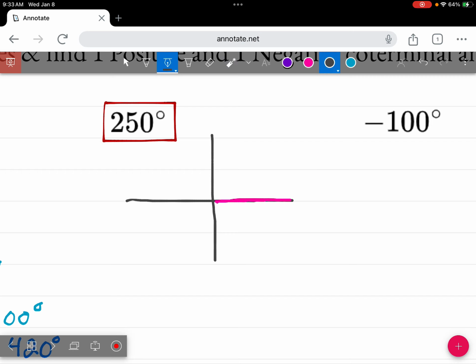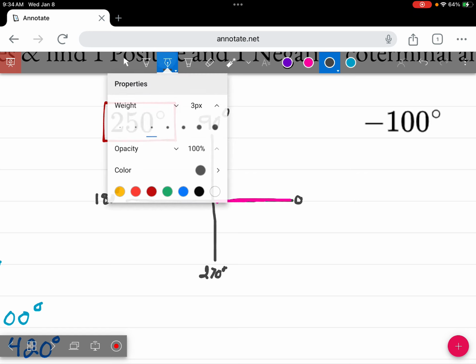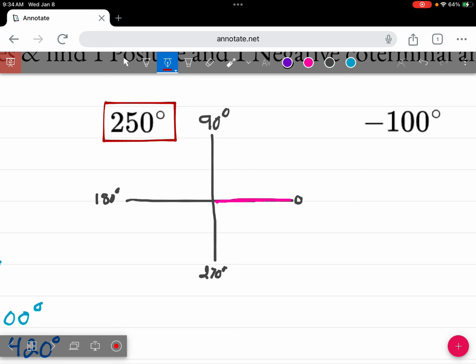If we think of this one as 0, what angle is up here? 90 degrees. What angle is right here? 180. What angle is this one? 270. Does that help us see where our 250 is going to be? Yep, it's going to be right there in quadrant 3. So this is my terminal side. This is what we're looking for. Angle 250 started here and ended here.